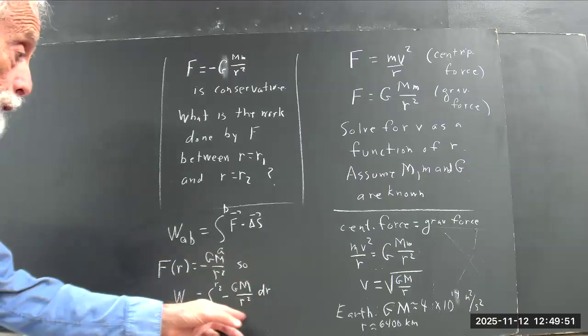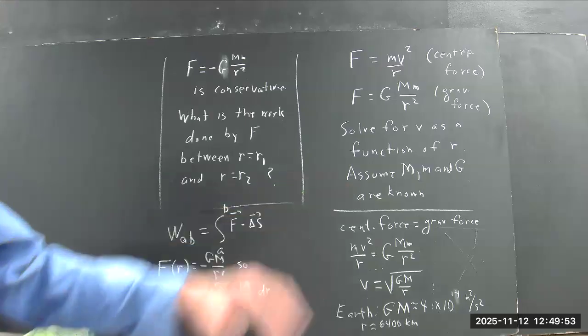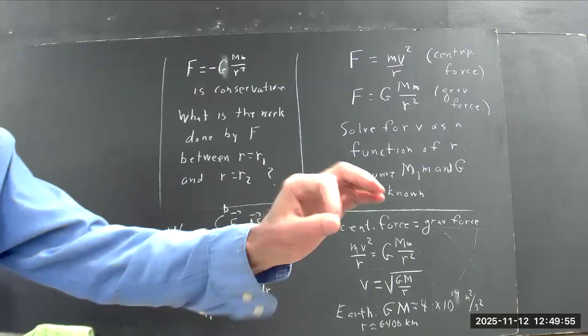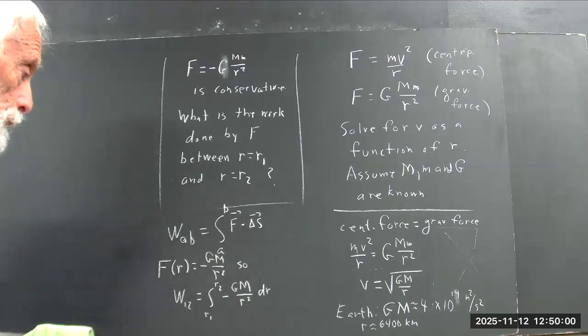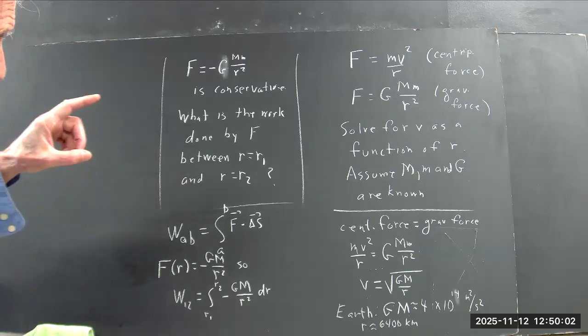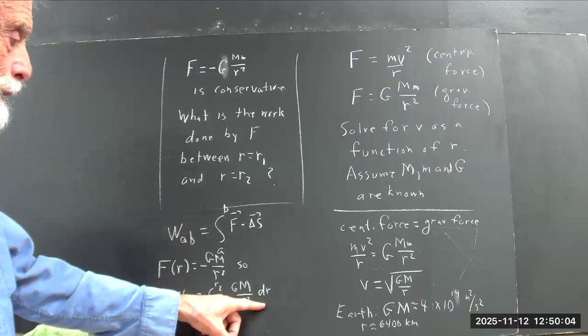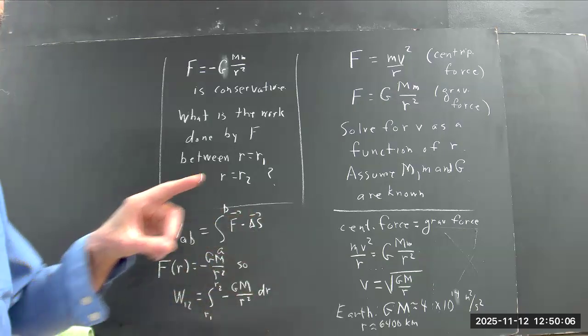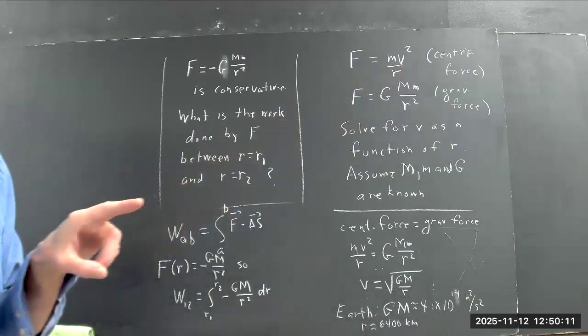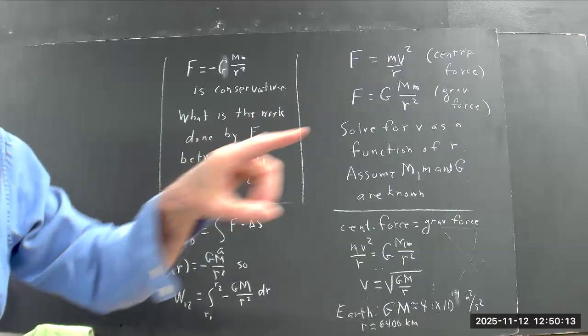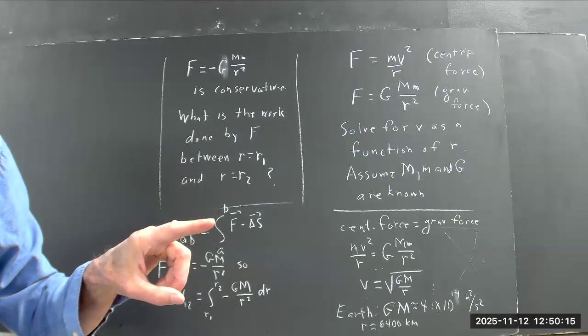You're simply integrating the force over some distance, and implicitly we're assuming by dr that you're moving radially away from the Earth, so that you're moving along the same line as gravity is pulling.